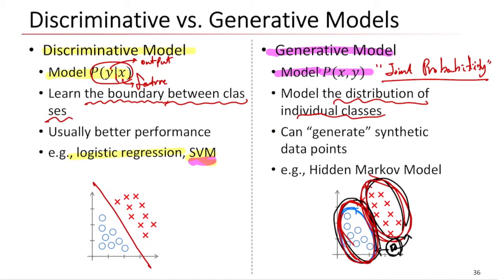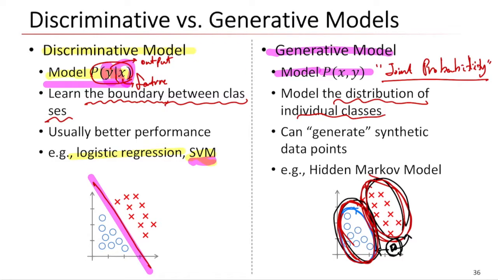Finally, we talked about the discriminative model and the generative model, right? As you can see in this figure, in the discriminative model, we try to find the decision boundary, which is the same as modeling the probability of the output y given feature x.